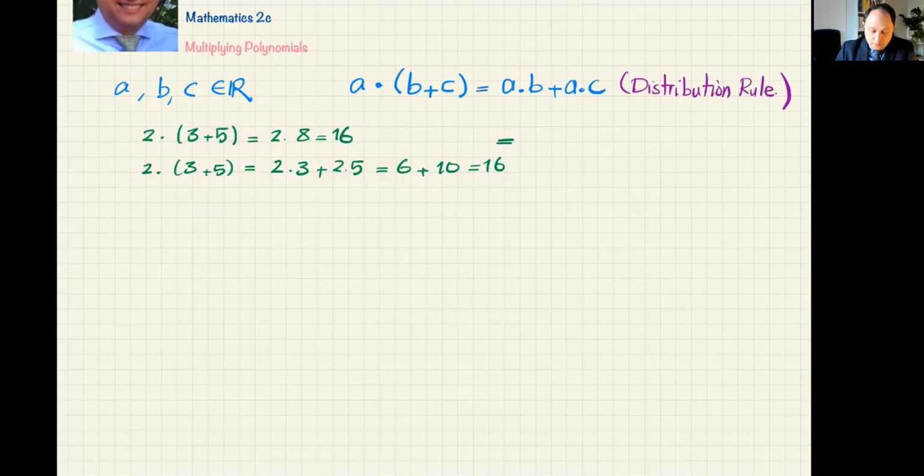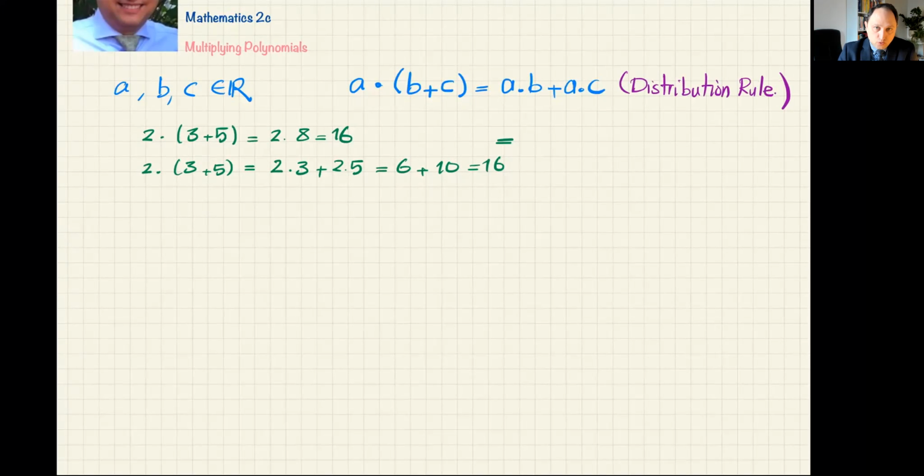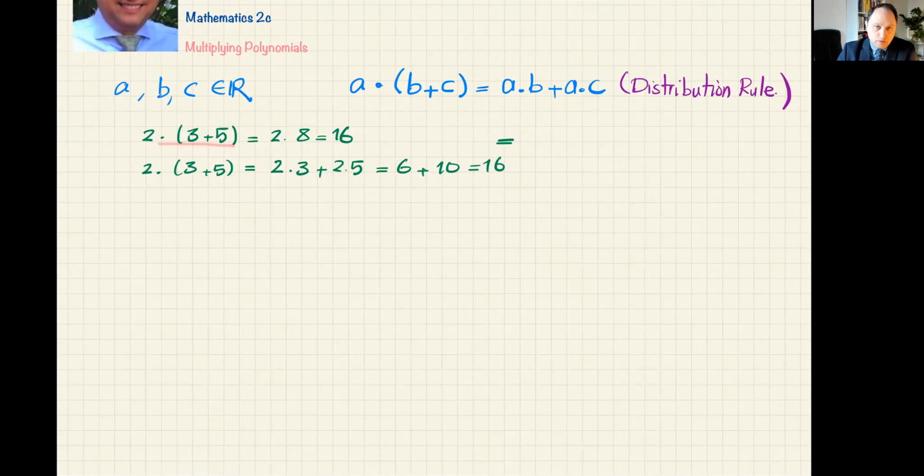So in algebra, if I am working with letters, this is inevitable. I have to use it if I want to expand. When I am dealing with numbers, I have two solutions available, but of course most of us will prefer this method.